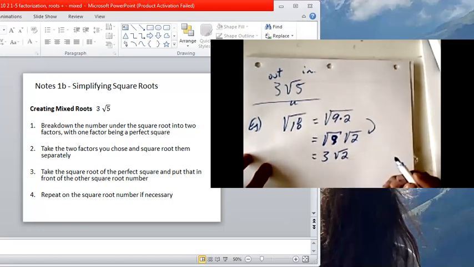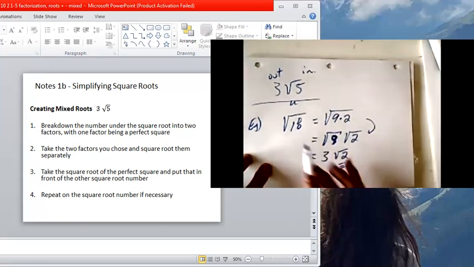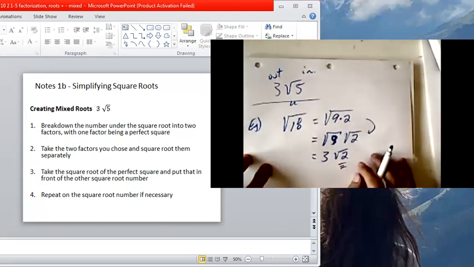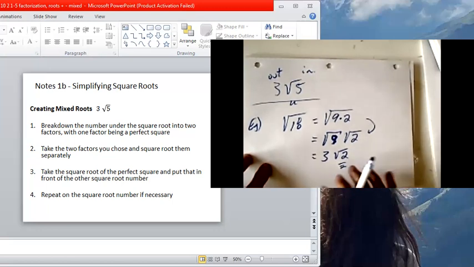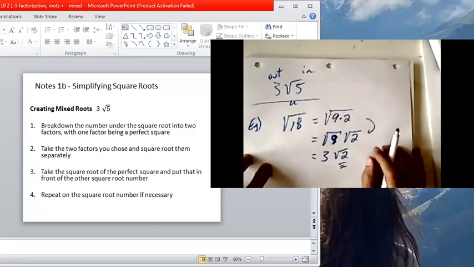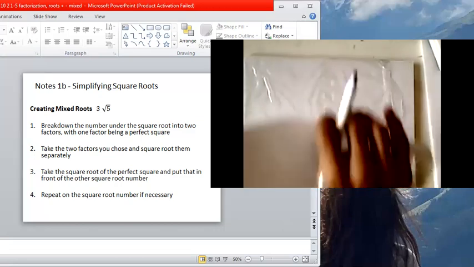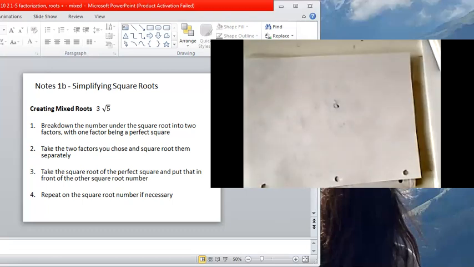Now, the inside might stay complicated. The number might be so big to start with that you have to do this process again. So you just do it again. Rewrite the inside, square it out, separate it, clean it up there. So, a couple examples.